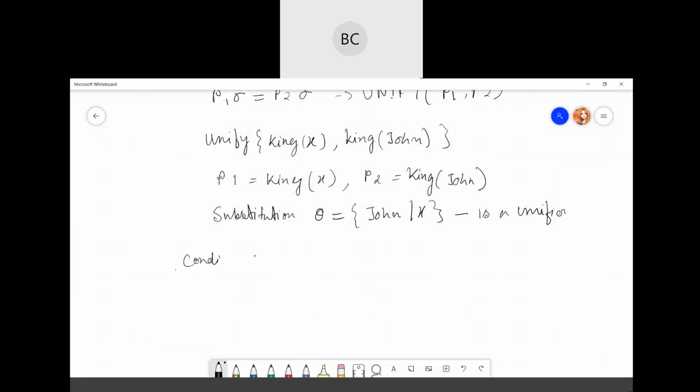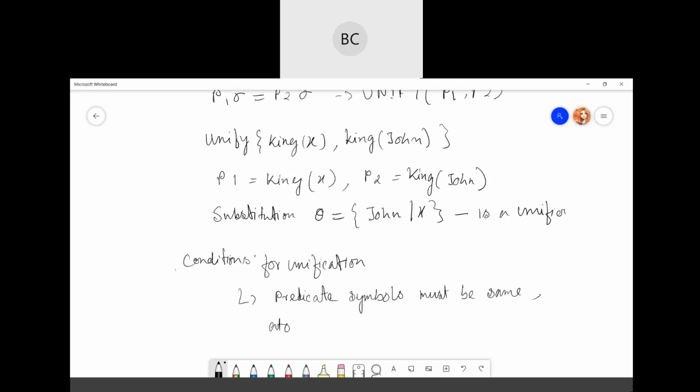Even if I don't go for the algorithm part, just know the conditions for unification. The first condition is that predicate symbols must be the same.